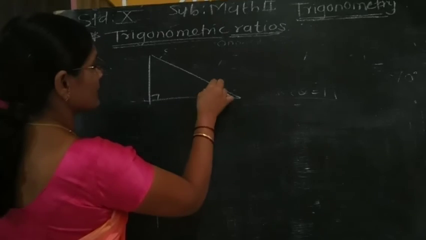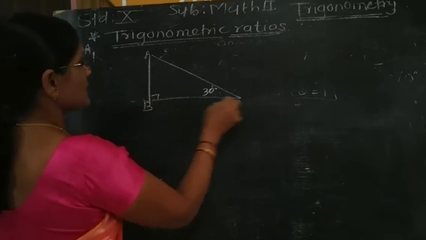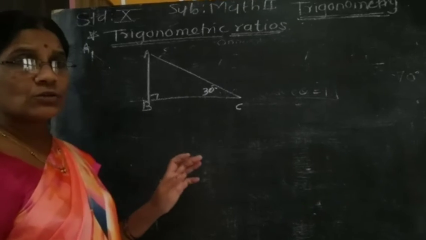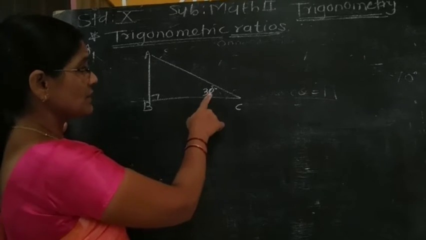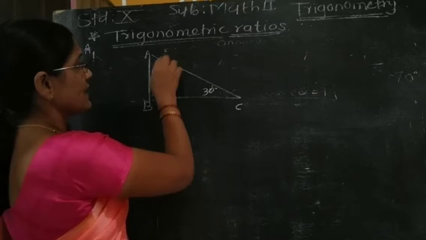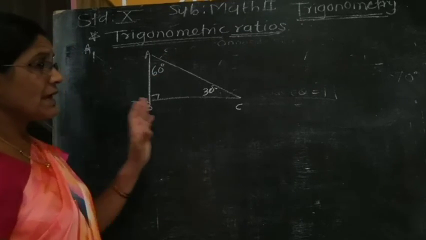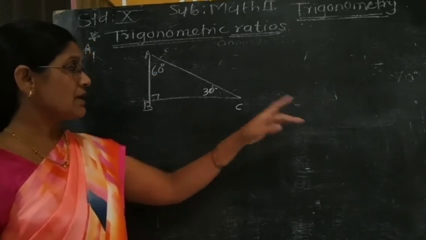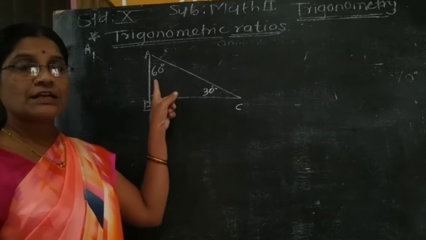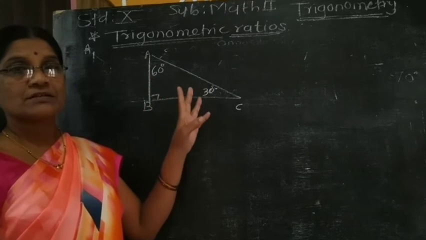if this is the angle 30 degree, triangle ABC, then according to the 30, 60, 90 degree theorem, if it is 30, it is 90, this angle A will be 60. Then this theorem says that the side opposite to 30 is half the hypotenuse.